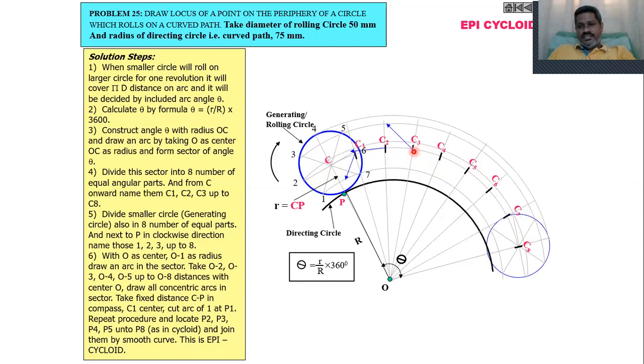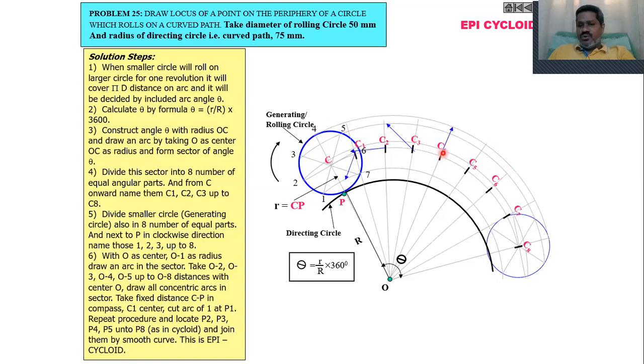Then C3 as center. Intersect the concentric arc which passes through 3 and 5 points on the generating circle. You will get one more point and locate that point on the 3, 5 concentric arc.